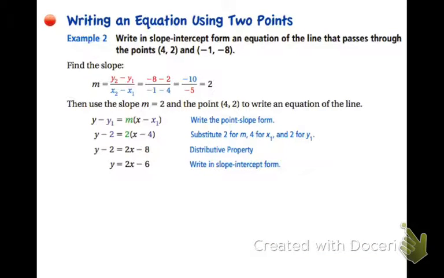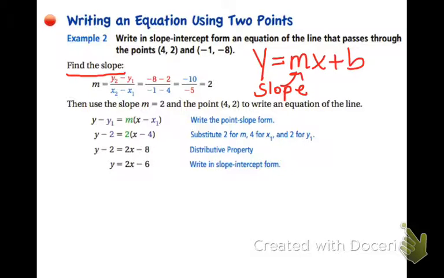This next part is something that's a little bit new for you, and we've written lines in slope-intercept form. Remember that slope-intercept form is in the form of y is equal to mx plus b, where m is the slope and can be calculated using the change in y over change in x.